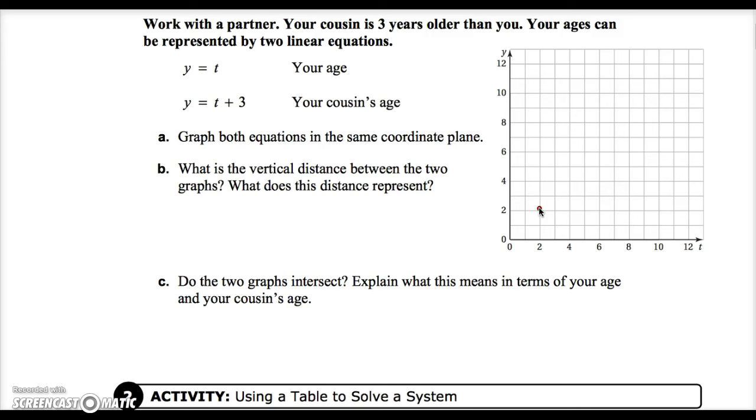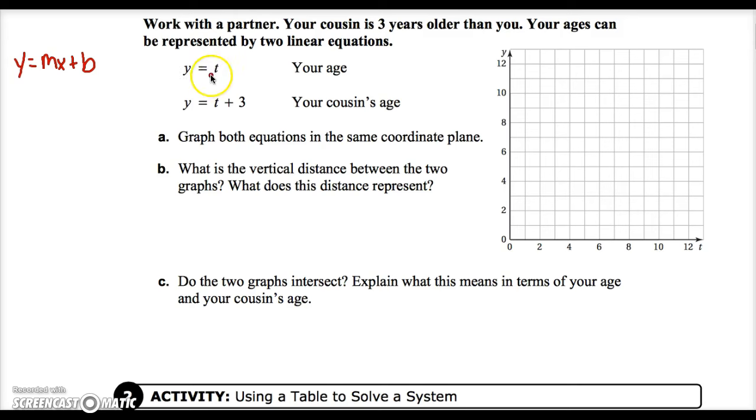Now, remember, whenever you have an equation solved for y, it makes it really easy to graph. Y equals mx plus b. Now, in these two equations, the t is in place of the x. So just keep that in mind.